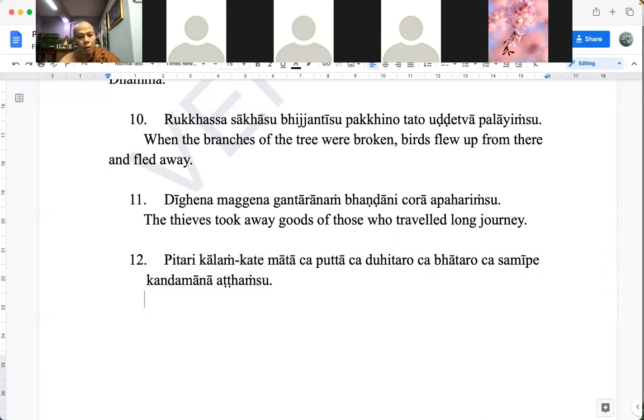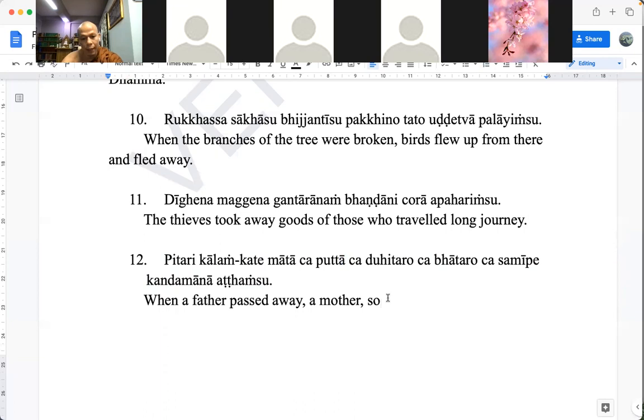So when a father passed away or died, Mata, so a mother, and Buddha, so Buddha is plural nominative.